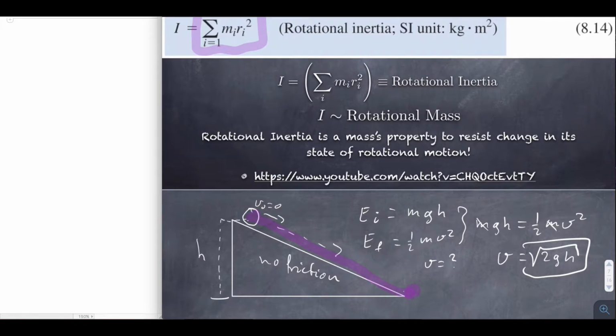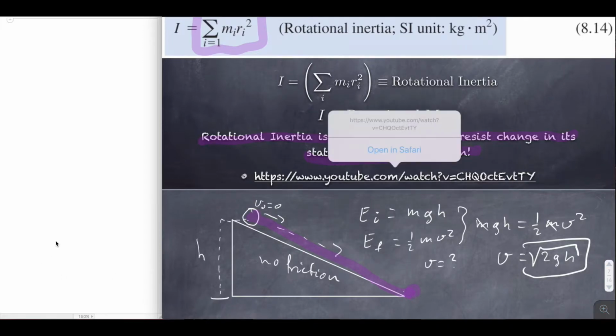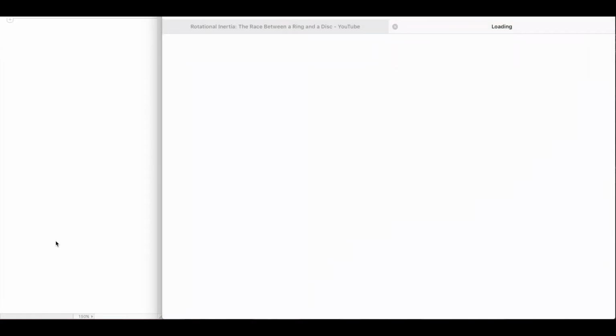Okay, so this I, which is rotational inertia, is a mass's property to resist change in its state of rotational motion. So if an object is not rotating and you want to make it rotate, you have to overcome its rotational inertia. So let's take a look at that. Here we have a small demo video.